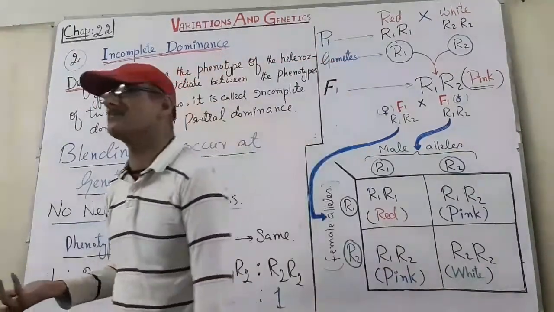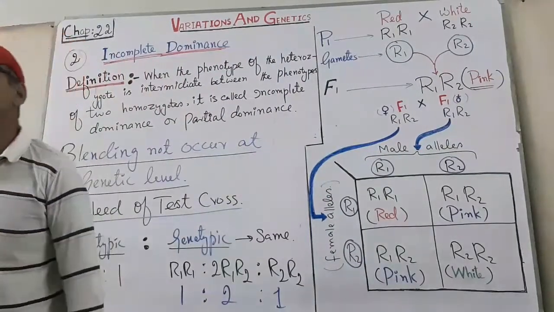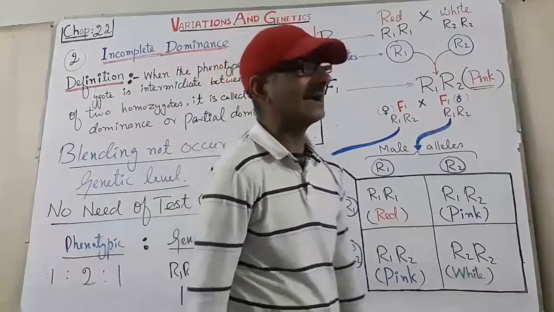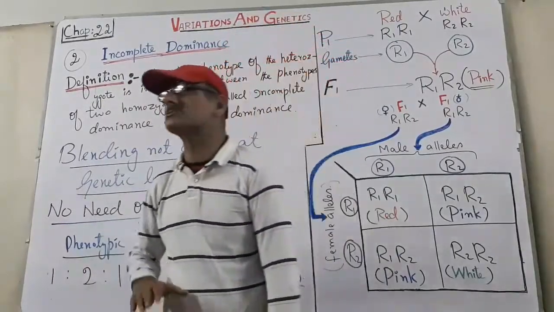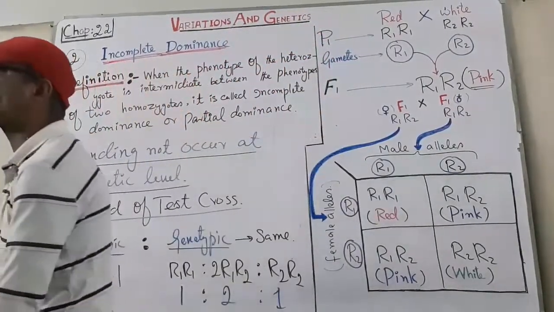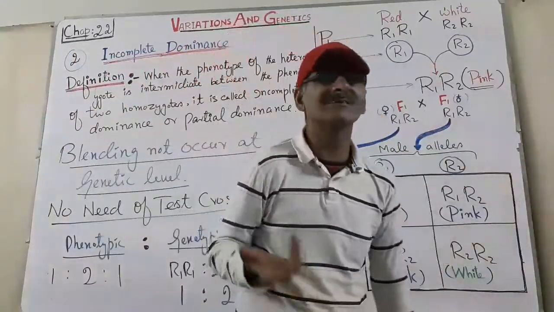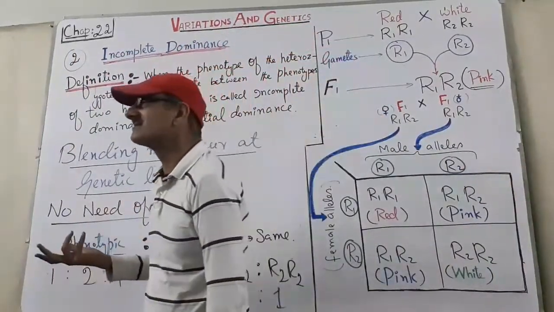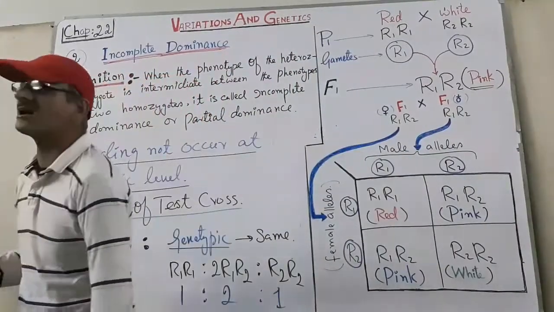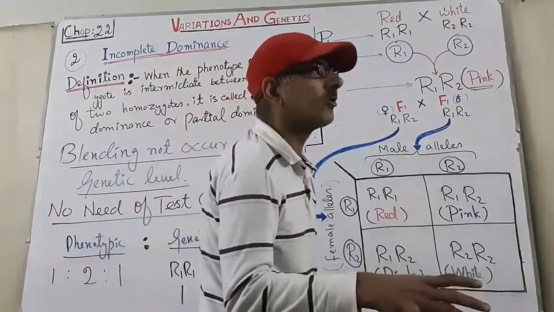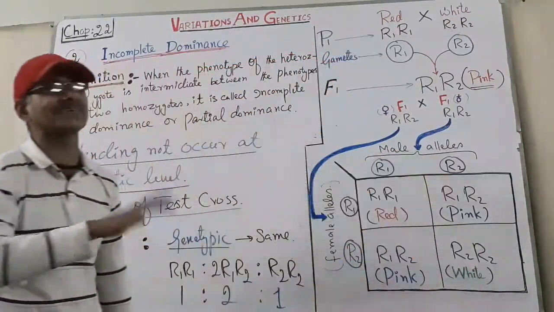When gametes are formed due to meiosis, the alleles are separated and segregated. There is no mixing of alleles, there is no blending at genetic level. And so we can say that Mendel's laws are also applicable in this case.